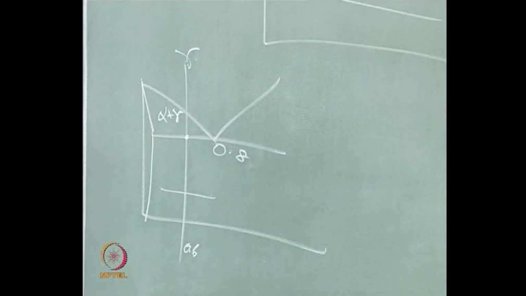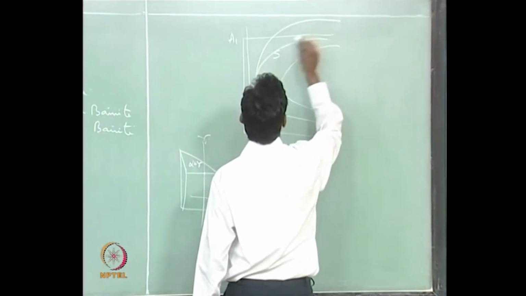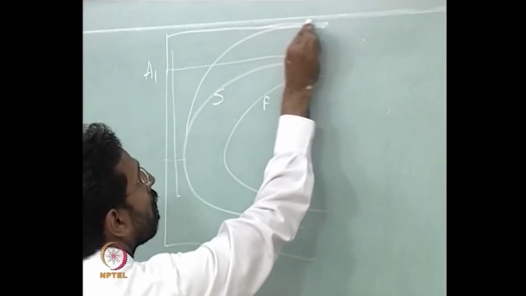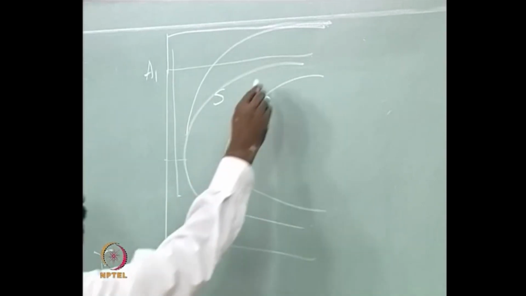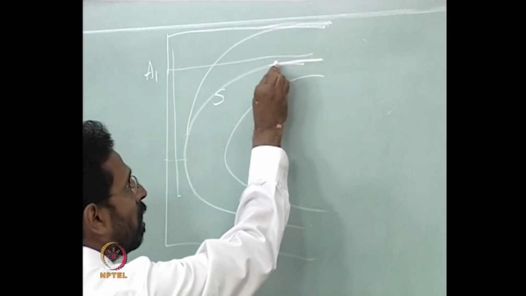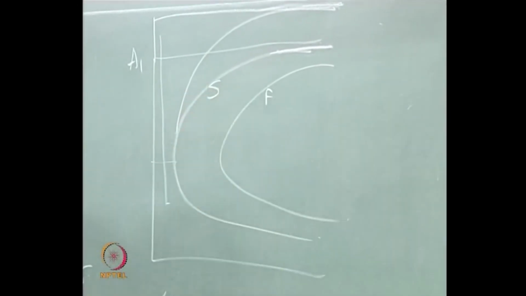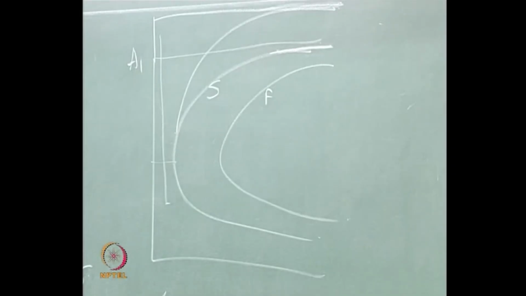For example, if you look at this, mind you, if you carefully observe this particular start of transformation and the end of transformation, both of them, as you come closer to the transformation temperature, almost become parallel to the transformation temperature.